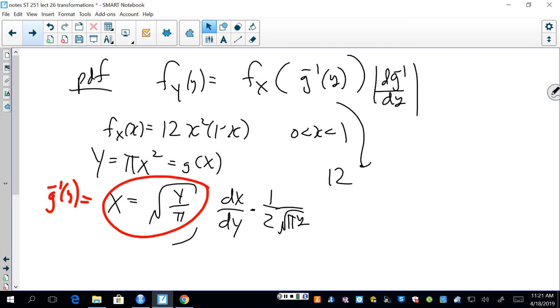If you square that, you just get y over pi. But you get 1 minus x, so there's 1 minus the square root of y over pi, and then this other derivative thing, 1/2 times 1 over the square root of pi times y.